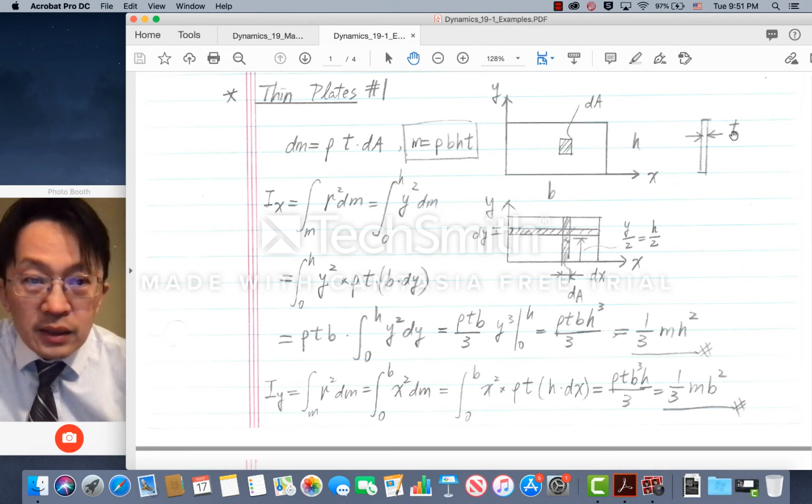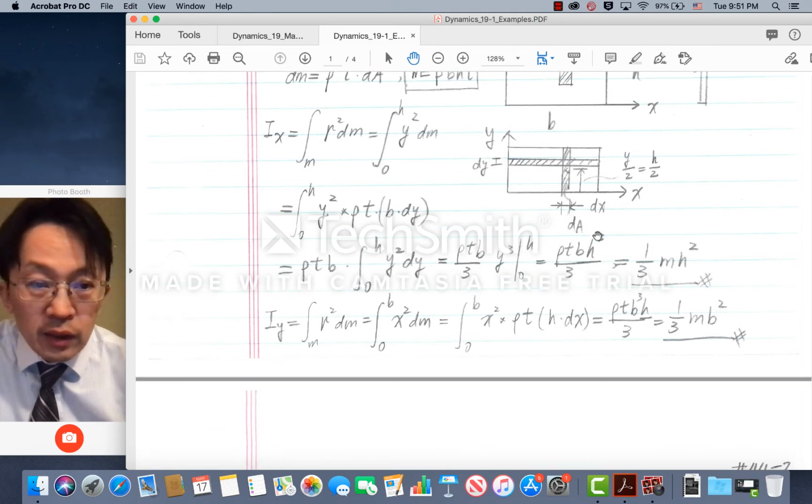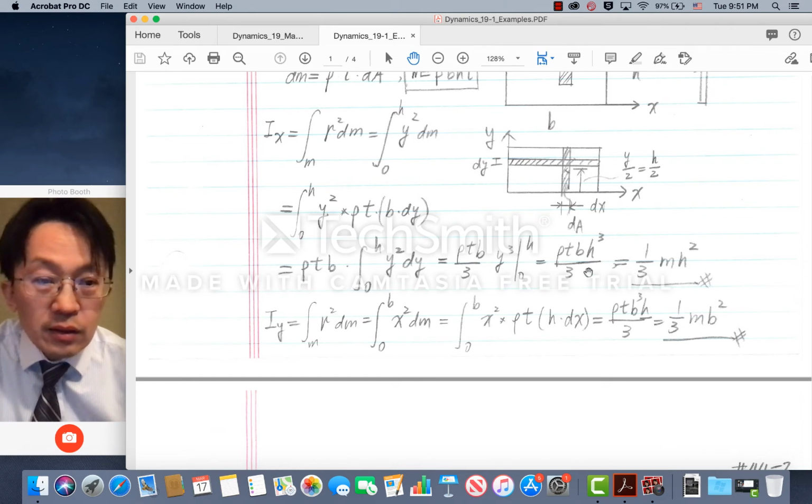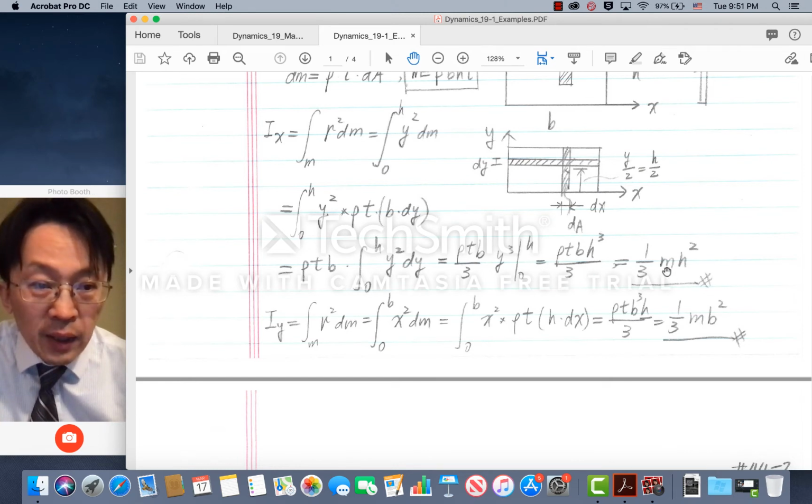Therefore, the total mass becomes mass density rho times b times h times t. Therefore, in the final expression of Ix, you can just take the rho b h t out and then rewrite this Ix to be 1/3 of total mass times h squared.